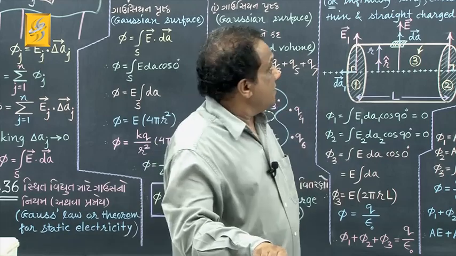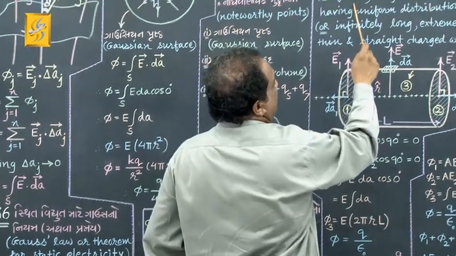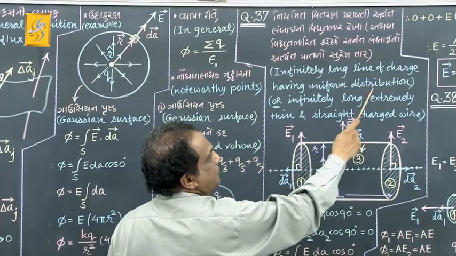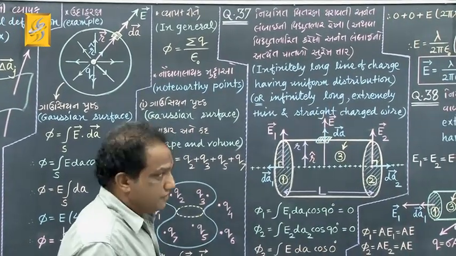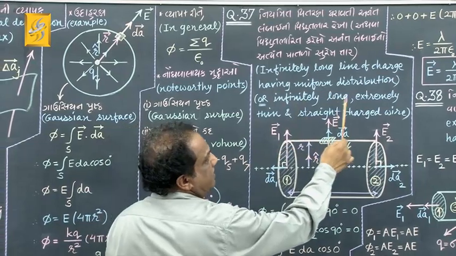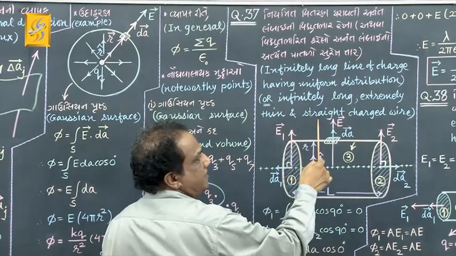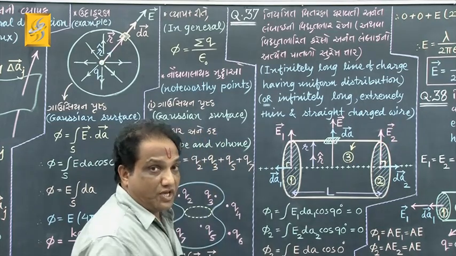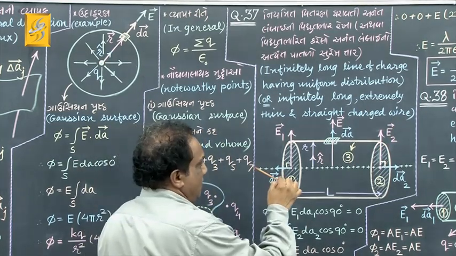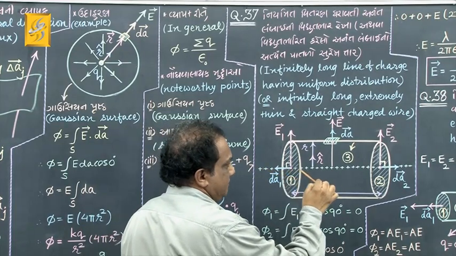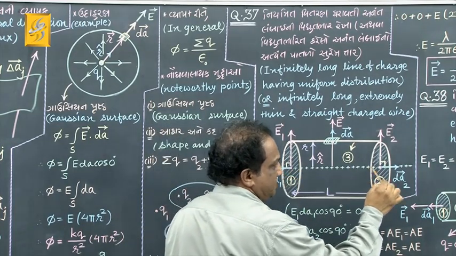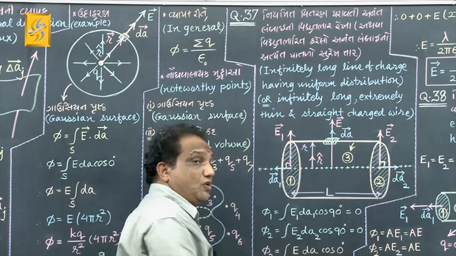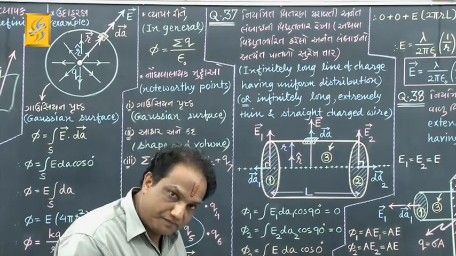Infinitely long line of charge having uniform distribution, or an infinitely long, extremely thin and straight charged wire. You may think of an infinitely long straight line of point charges, say all of them positive, having uniform linear charge distribution.